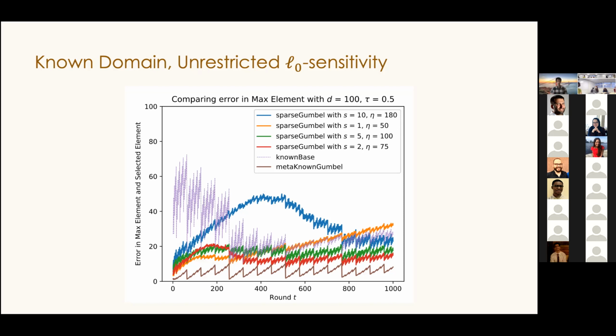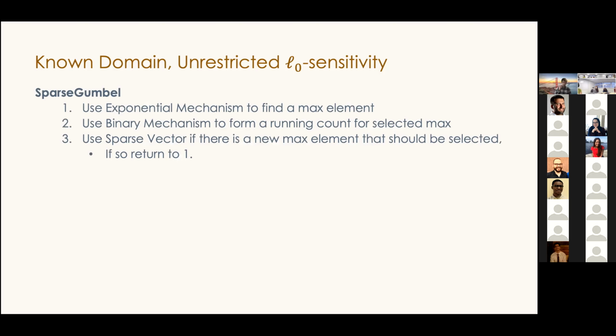So these other curves in between are tuning the parameters, like allowing more switches, or this eta parameter: how much more than my max does another max have to be in order for me to actually make a switch? So that's the sparse Gumbel algorithm.